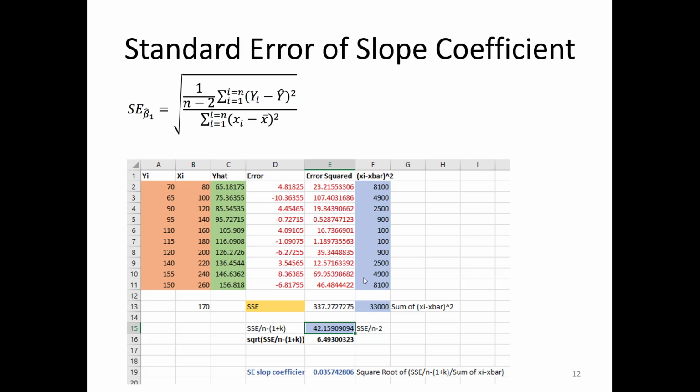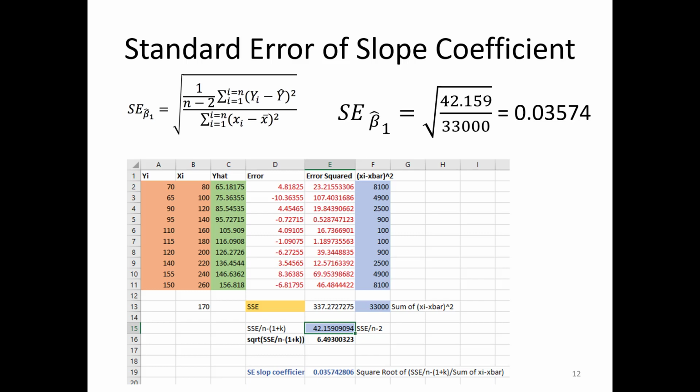We do the same for each of the rows, right? And we sum that, and that is our denominator. We then take our numerator, divide it by our denominator, and take the square root, and we get 0.03574, and that is our standard error of the slope coefficient.